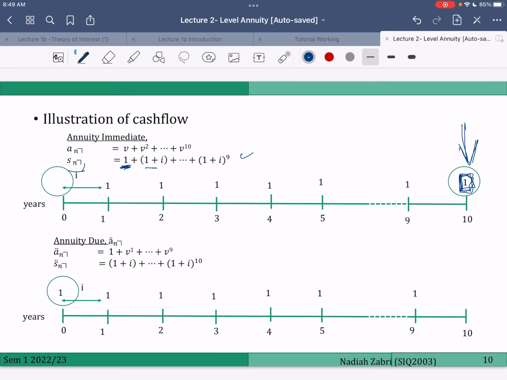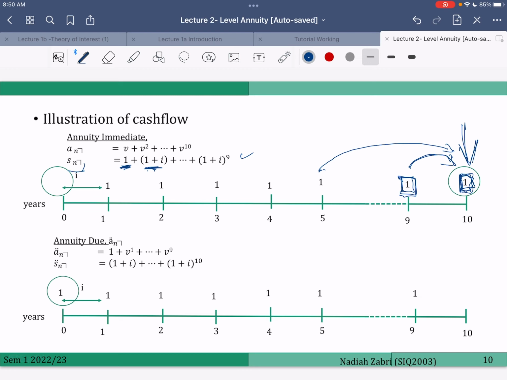But this one, which payment is it from? It's from this payment, the ninth payment. So to evaluate this specific payment at time 10, you have to accumulate it by 1 year, so you multiply by 1 plus I. And then this one at the 5th year, to evaluate at time 10, you need to accumulate it 5 years, and so on.